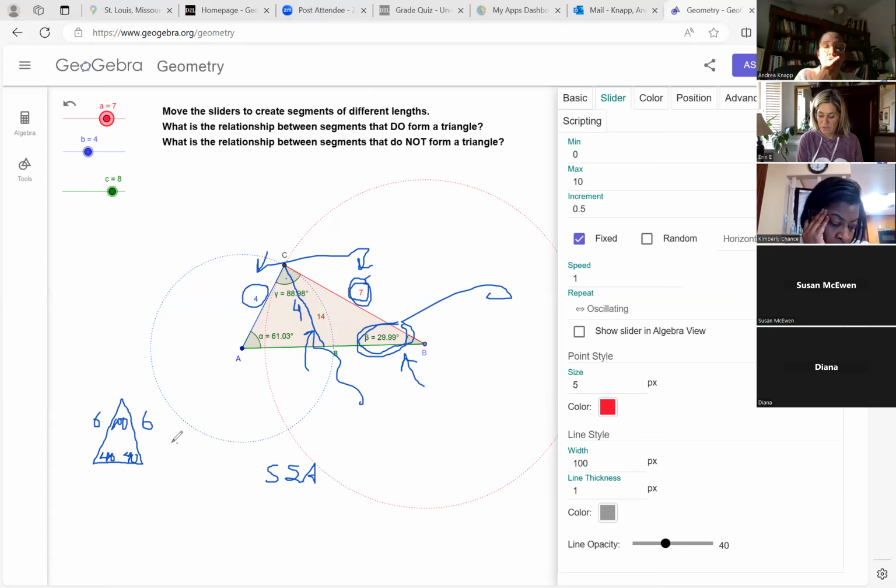So yes, it is unique. But the reason it's unique is because it's by side-angle-side. By telling us we have an isosceles triangle here, it's fixing all the angles in that triangle. There is no ambiguity.